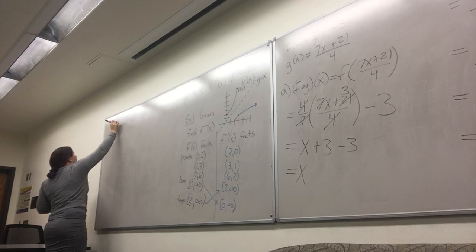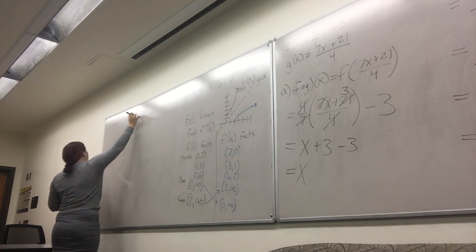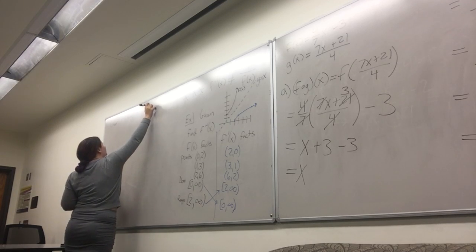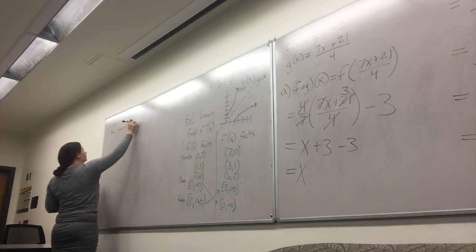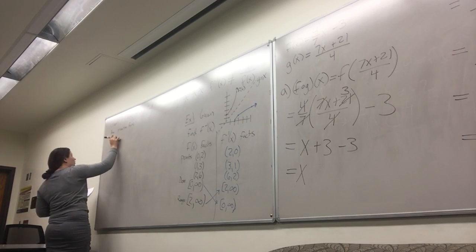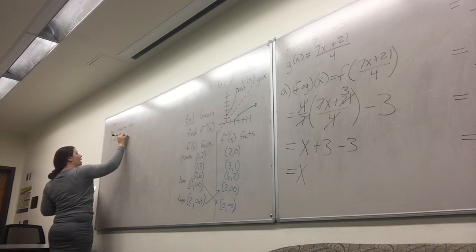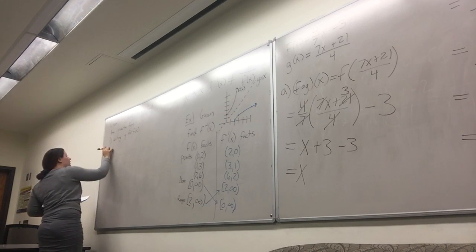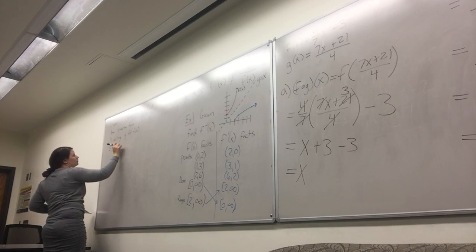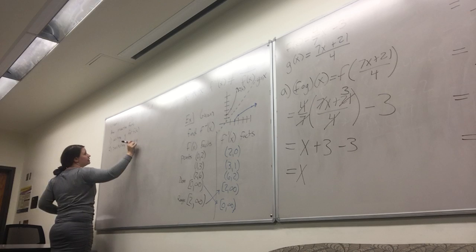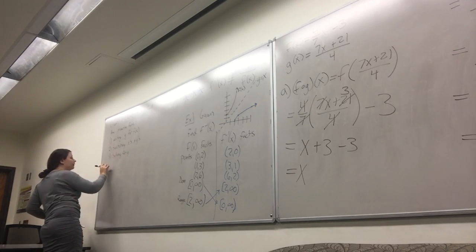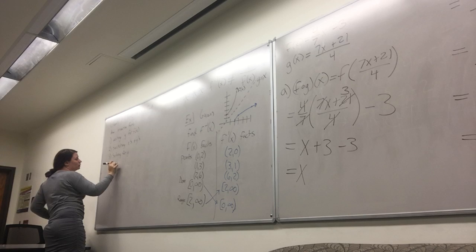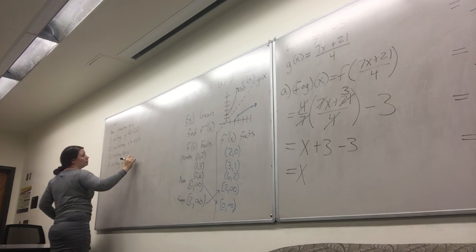So if we're given a 1-to-1 function, f of x, we can find the inverse function by first writing y for f of x, then switching the x's and y's, then solving for y, and then writing f inverse of x for y.